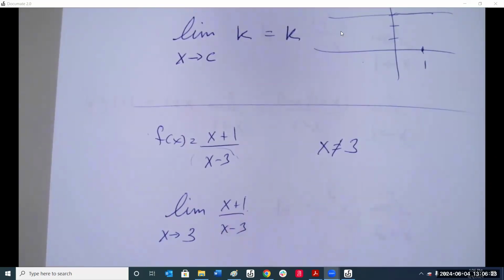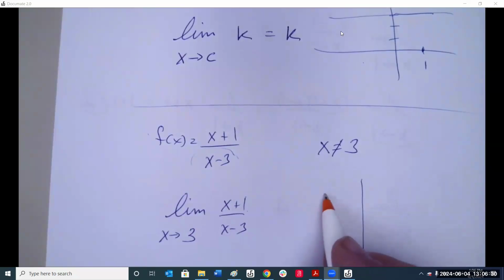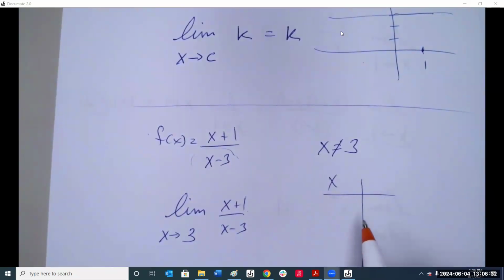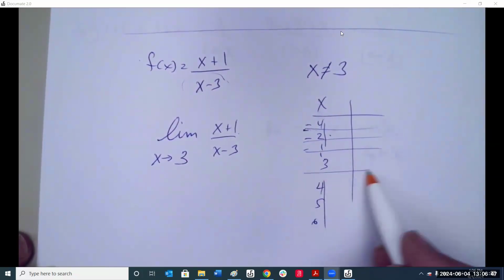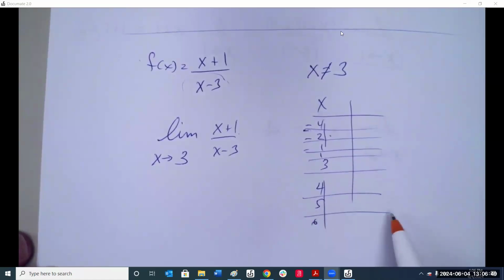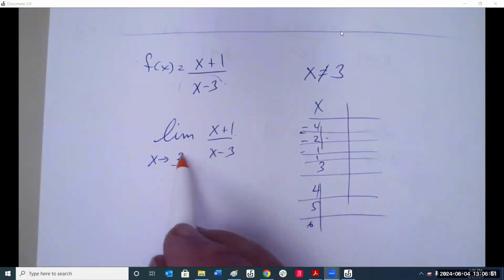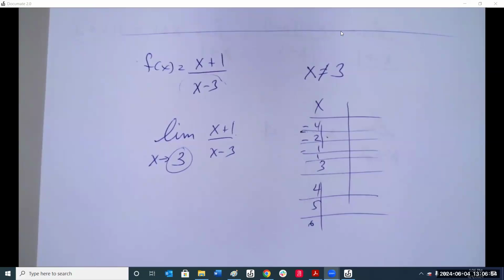But that's what we're talking about in this section: we have to look at all the points for x going to 3 from both sides, let's say -4, -2, -1, 1, and then 4, 5, 6. Do these values all approach a similar point? When it gets closer to 3, does it approach a value?